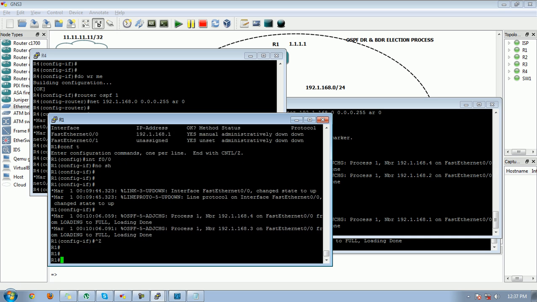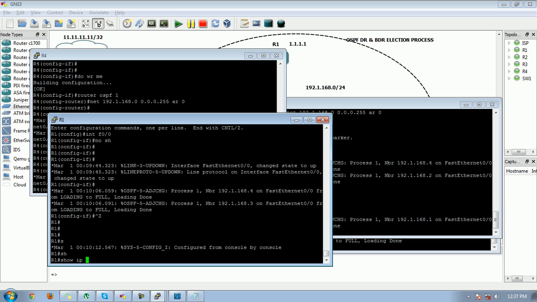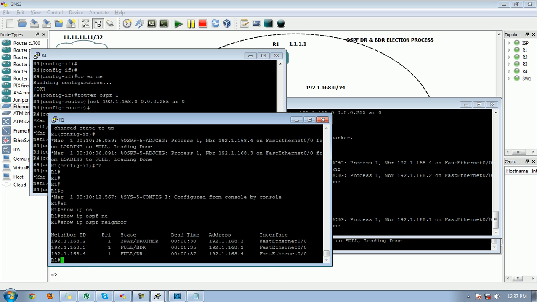Okay? Show IP OSPF. See who is my DR and who is my BDR. Because he is having the higher order. It has chosen according to the manual. Yeah, I'll show that.